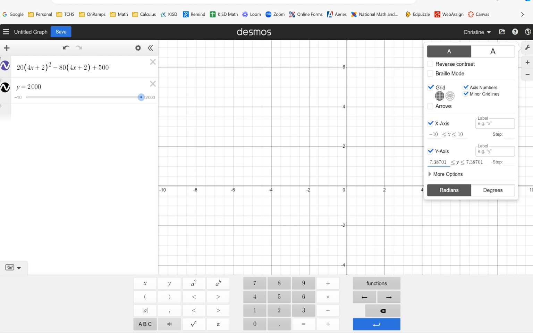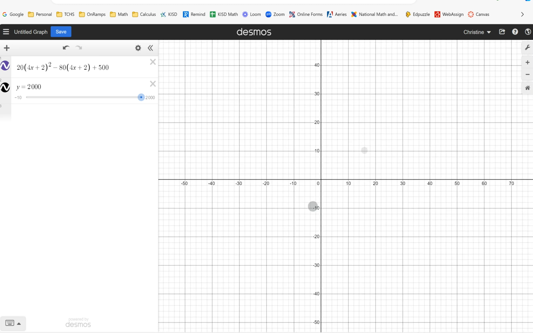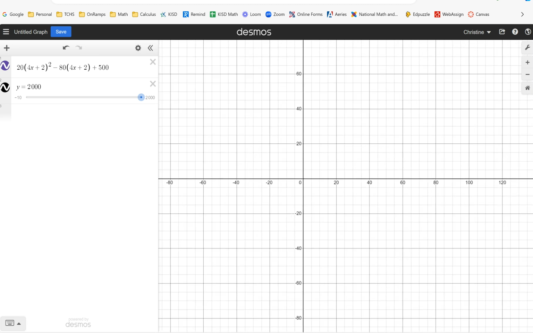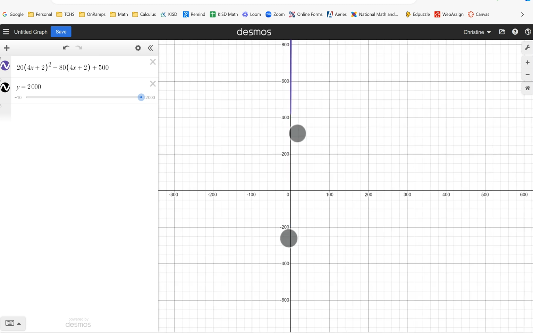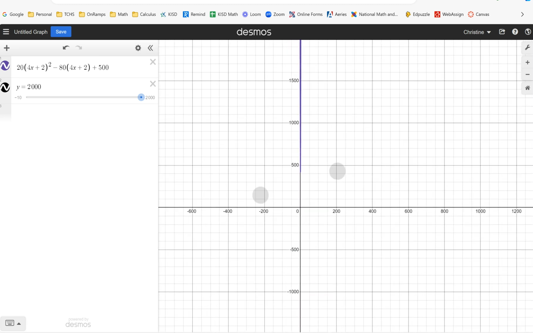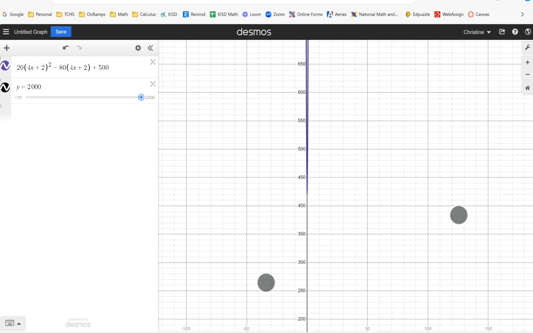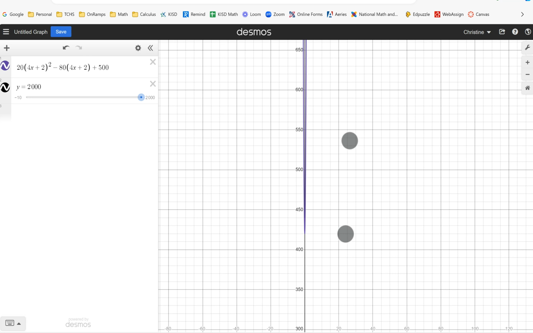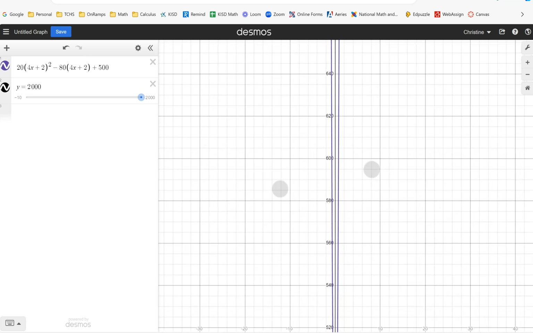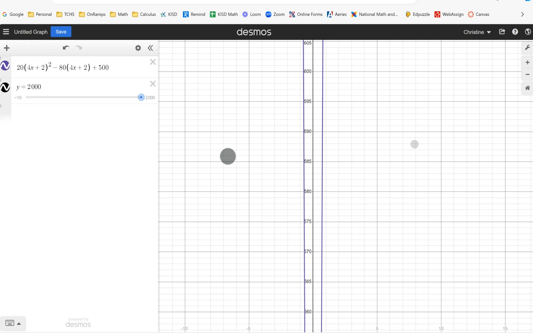Let me adjust those numbers so that we can see the graph, because the numbers are going to get really big.